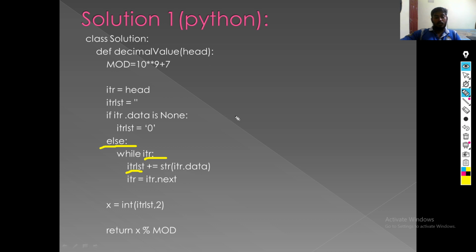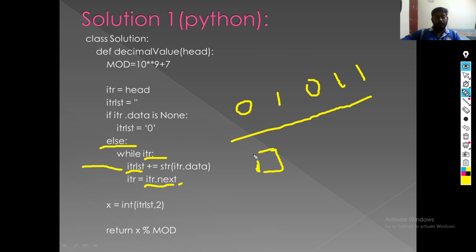As we said, whatever values are present in the linked list, for example 0 1 0 1 1, they will be appended to this iter list. After that, we move iter to the next memory address of the node. Now it will loop. When iter doesn't have a value, the loop will end.